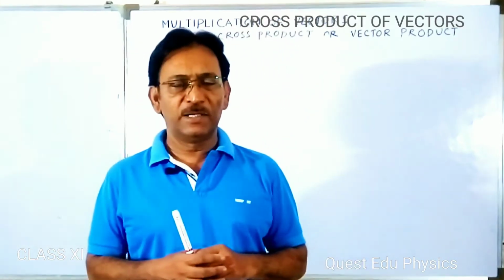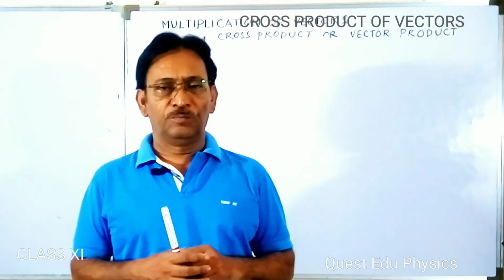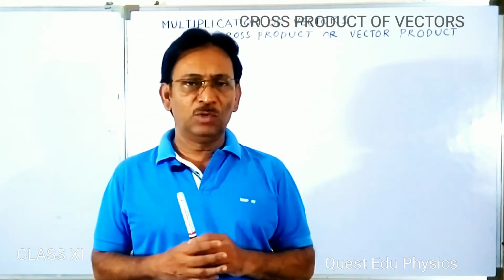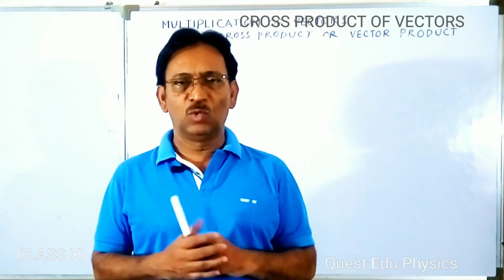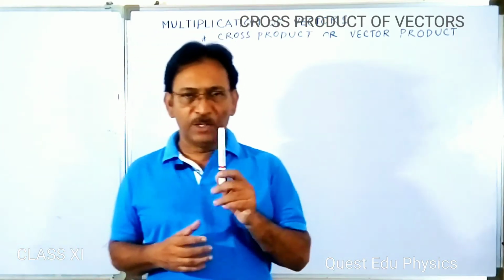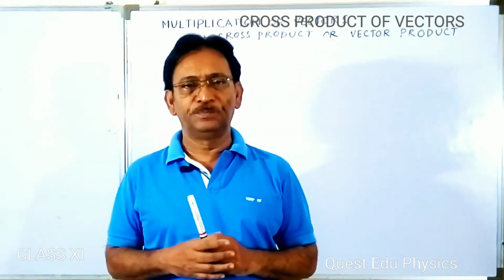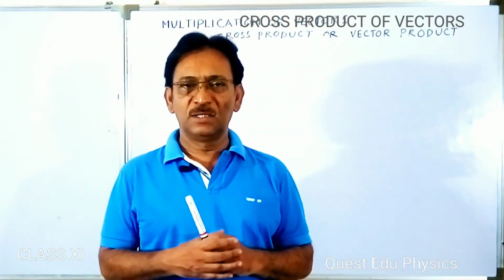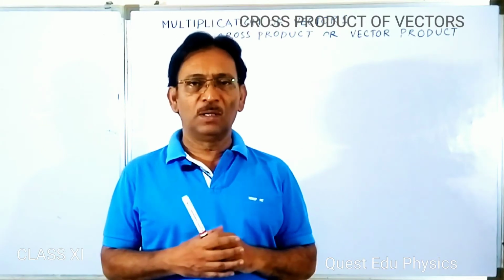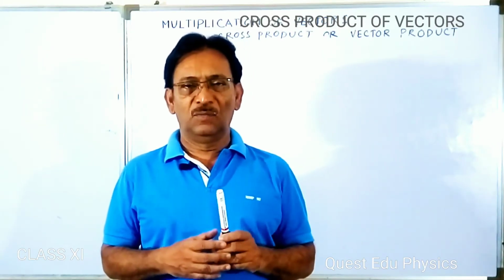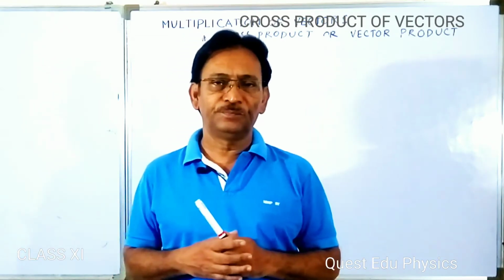The cross product can be stated as the vector whose magnitude is equal to the product of the magnitudes of the two vectors and the sine of the angle between them, and its direction is perpendicular to the plane in which the vectors are lying.